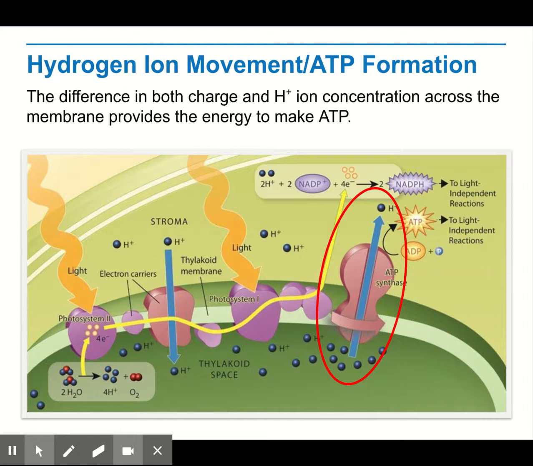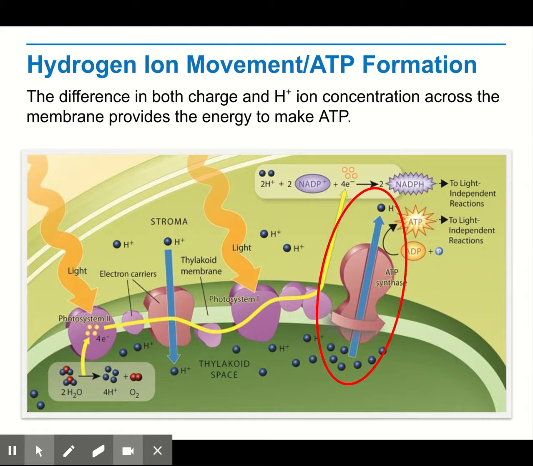And they weren't being pumped there for no reason. They're pumped there in order to create a high concentration of hydrogen ions on the inside of the thylakoid compared to the low concentration of hydrogen ions in the stroma. So there's more hydrogen ions inside the thylakoid and less outside of the thylakoid. So we have an area of high concentration and low concentration.